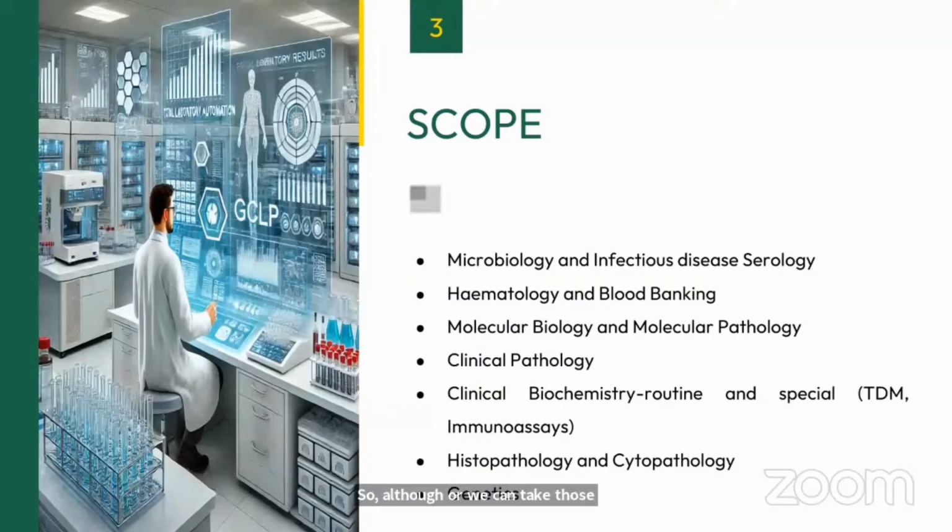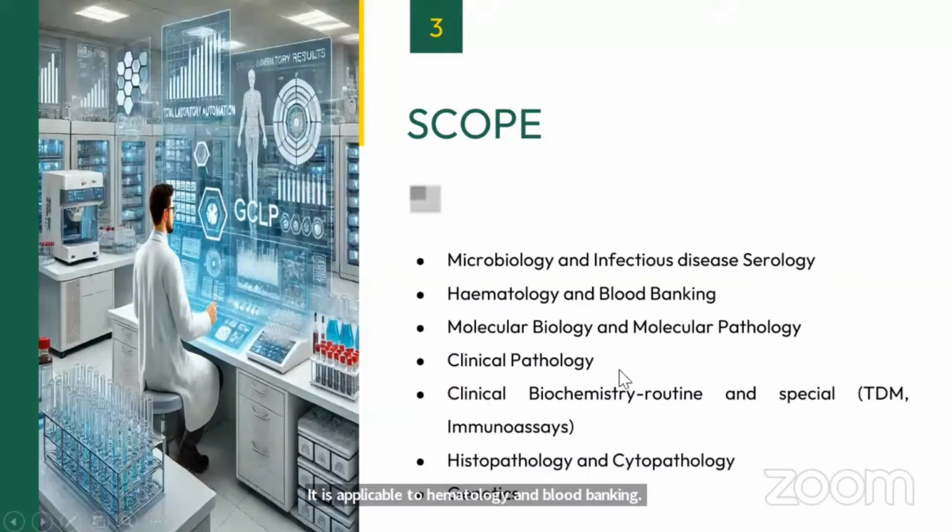Now, after that, we will see the scope of this document, to what different specialties this document is applicable. This document is applicable for the microbiology and infectious disease serology laboratories. It is applicable to hematology and blood banking, molecular biology and molecular pathology.